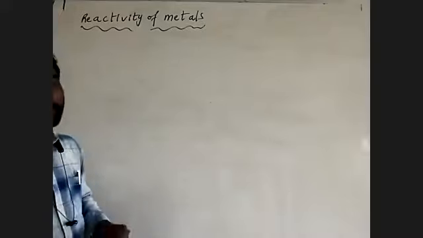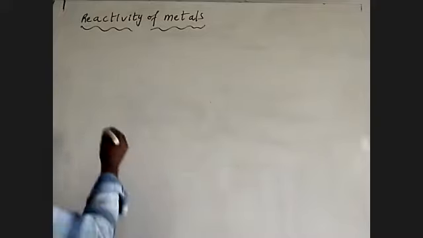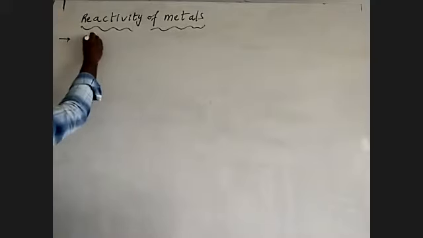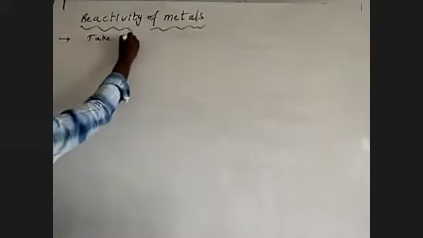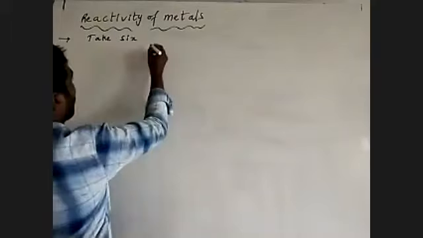See here, we have to take 5 equal graduated beakers. Otherwise, we will take 6 beakers and label them.